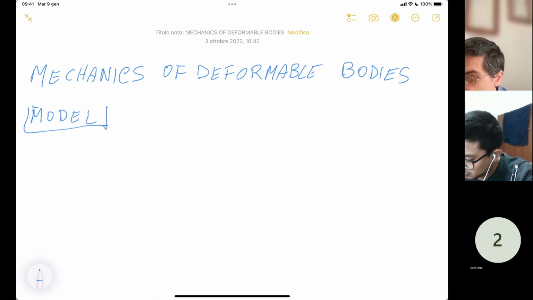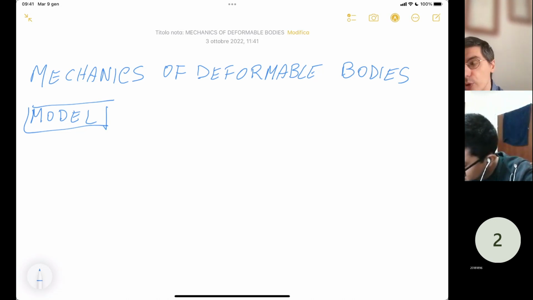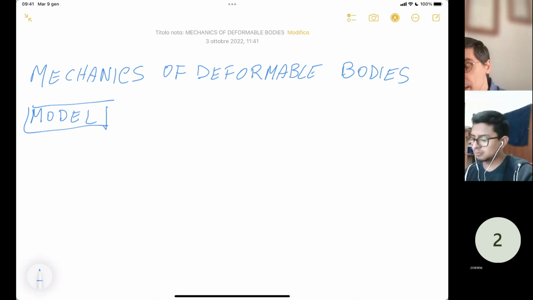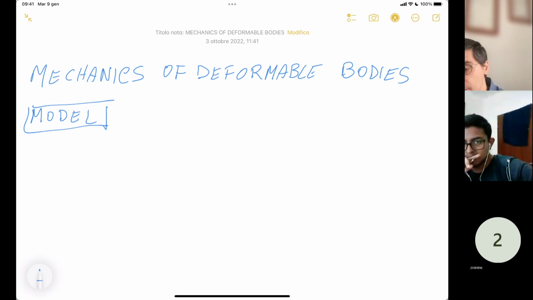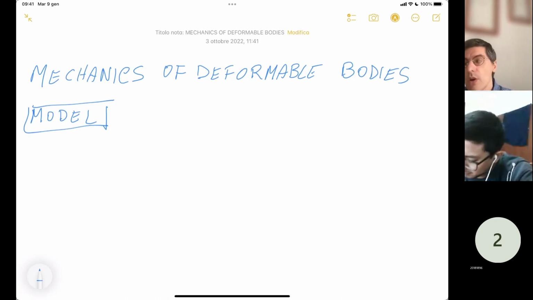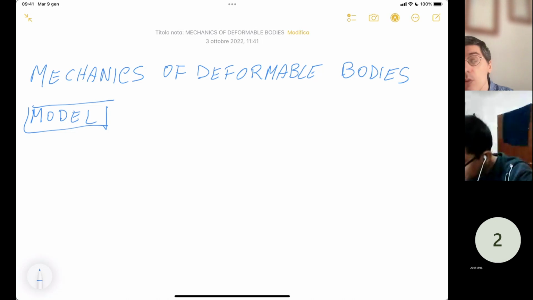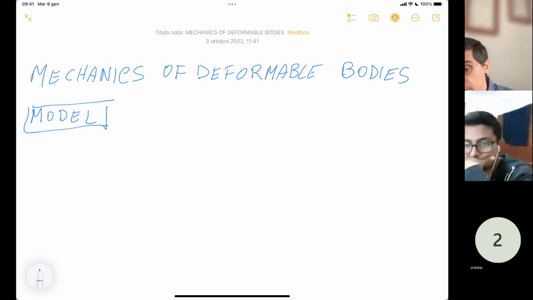This part is very important to understand not only what we are doing, but also how to build the model itself, because in this way you have a way not only to see a classical model, but also a way to develop new models.